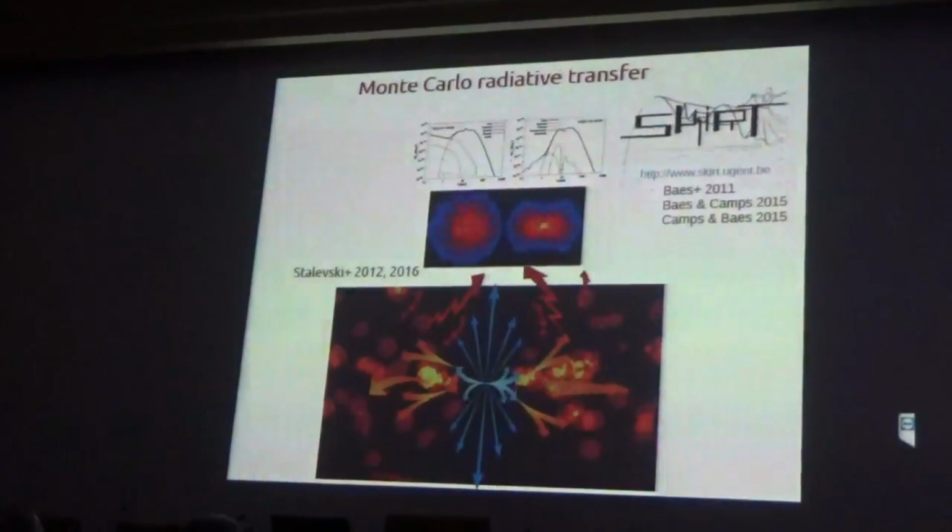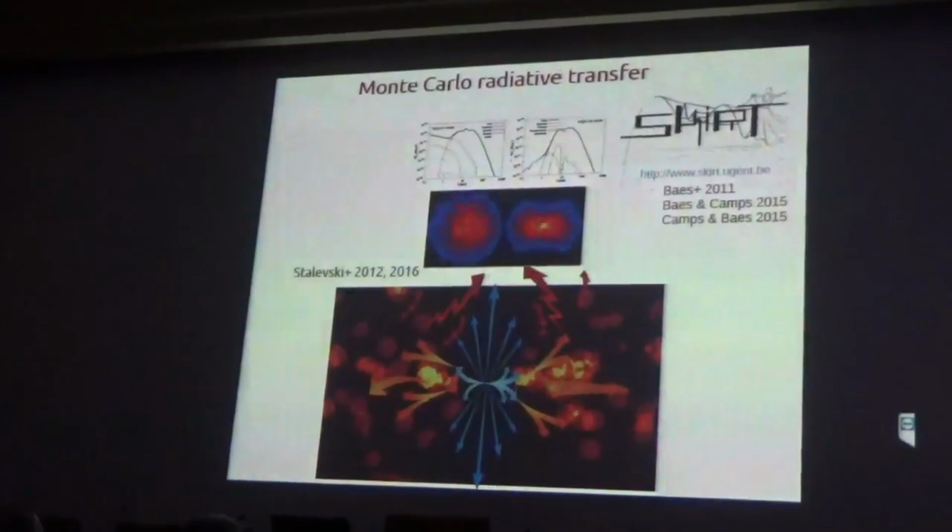I'll just very quickly explain what's happening. So in MCRT simulations, what you do is you define the geometry and optical properties of the dust. You also define the geometry and spectral energy distribution of the primary source, which in this case is the accretion disk. Then from the primary source you send out a large number of photons in different directions.